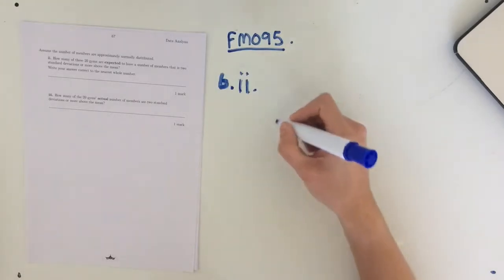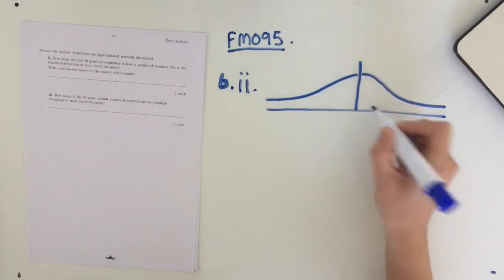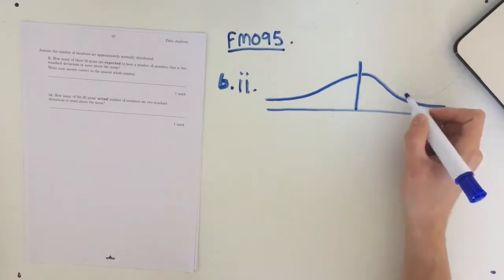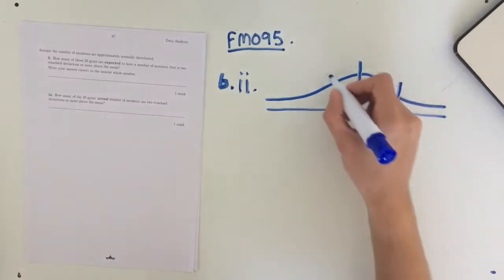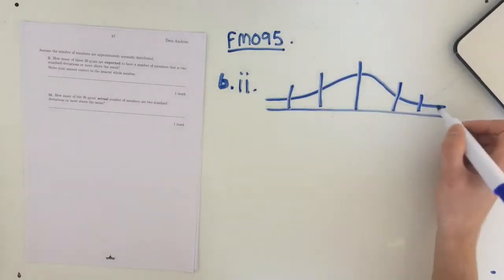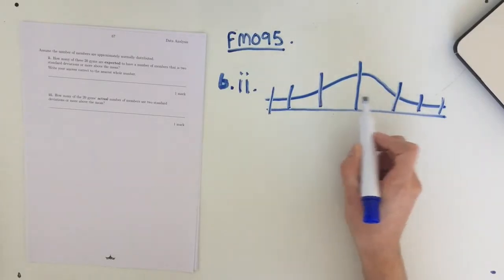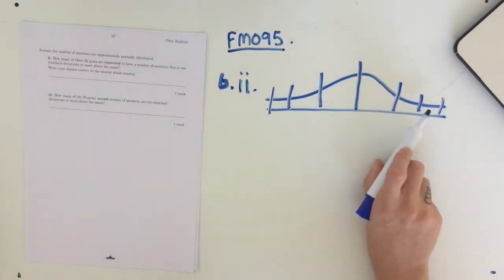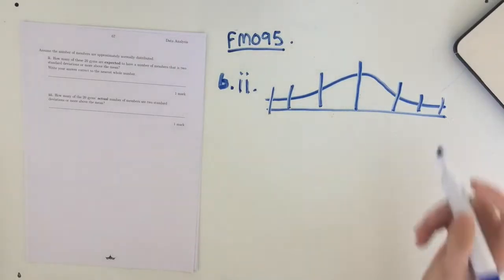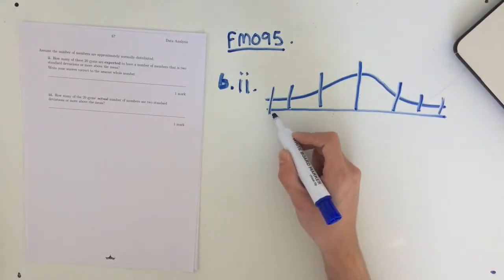Remembering our rule for normal distributions, the 68, 95, 99.7 rule, means that we should have 68% of our data falling between one standard deviation above and below the mean, 95% of our data falling between 2 standard deviations above and below the mean, and 99.7% of our data falling between 3 standard deviations above and below the mean.